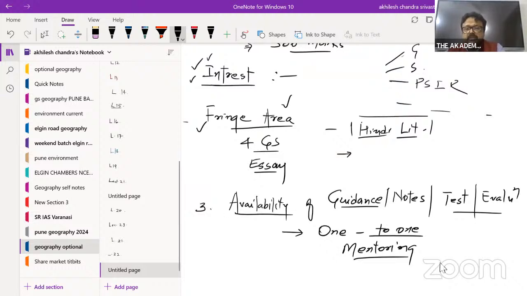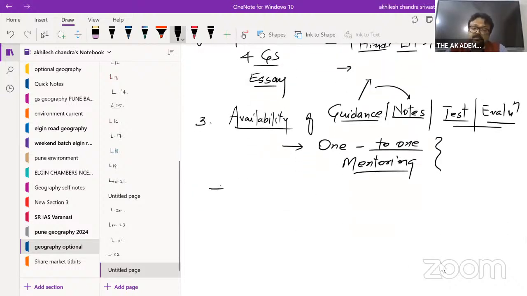So availability of guidance requires a good teacher, a good facilitator. Notes automatically come with a good teacher, then the test batteries, evaluation and mentoring. You have to find out whether these are available or not. Availability of all these things should be ensured.